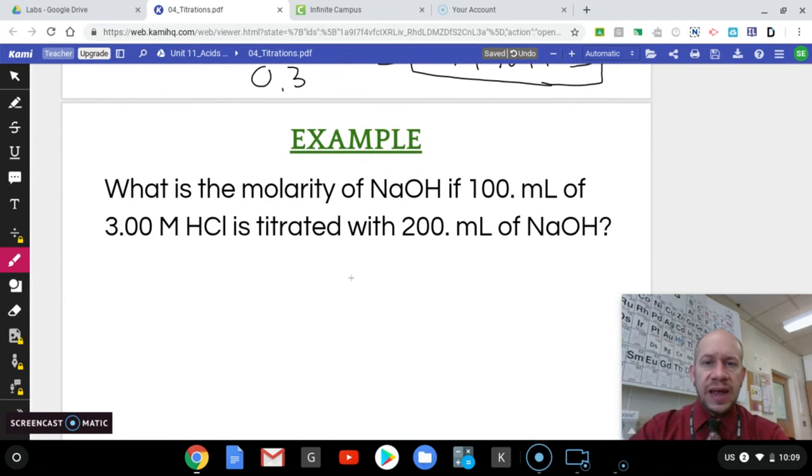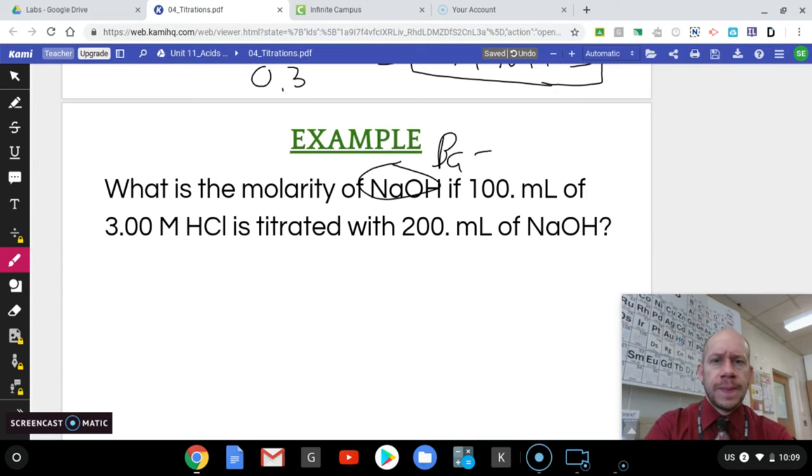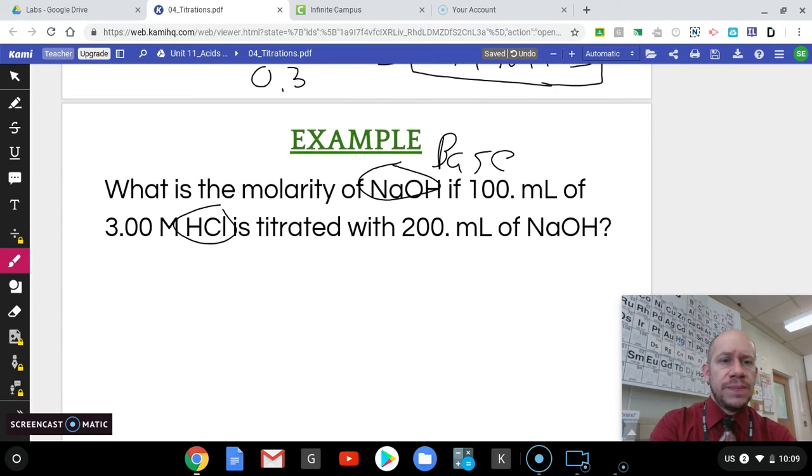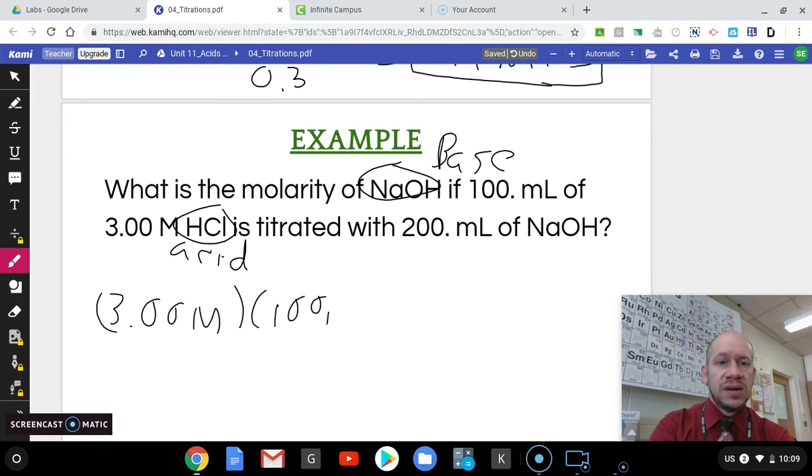What is the molarity of NaOH if 100 mL of 3 molar HCl is titrated with 200 milliliters of NaOH? So here is our base. Here is our acid. We have the molarity of our acid, which is 3.0 molar, times the volume, which is 100 milliliters.